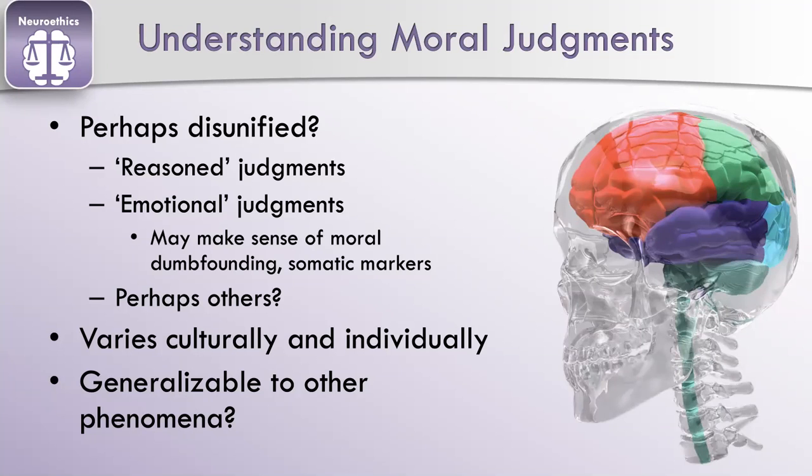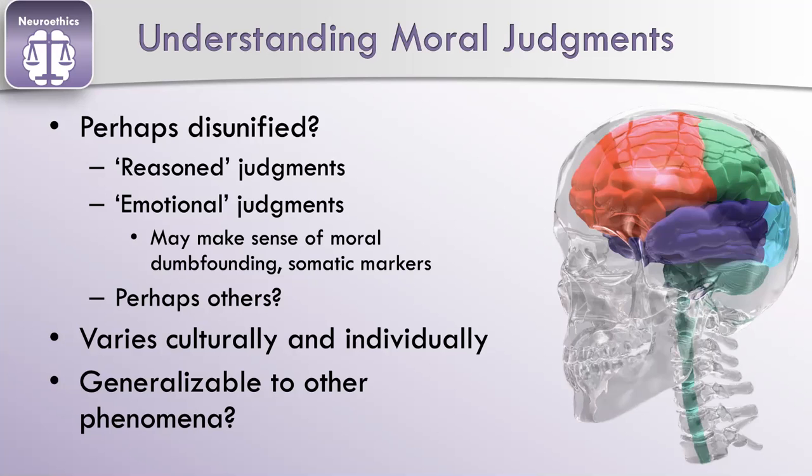So what does that mean? It might mean that morality isn't what we think it is, and that philosophers that have been trying to look for grand unified theories of morality might be barking up the wrong tree. Maybe there's lots of different aspects to morality. Reasoned versus emotional judgments, and maybe something else, or maybe combinations of these.